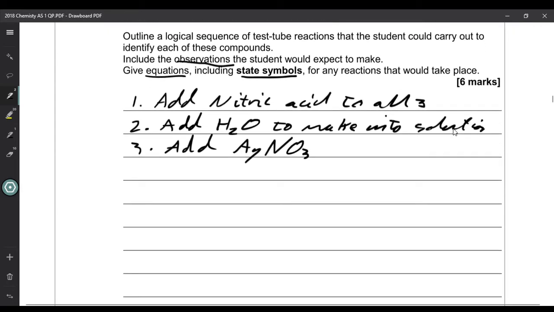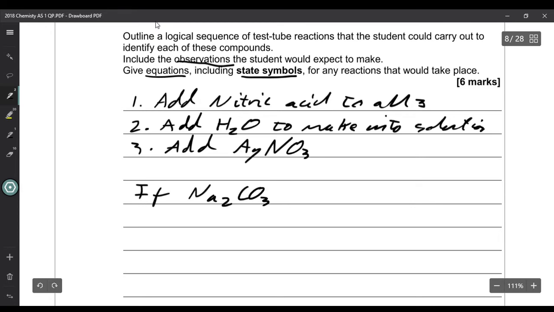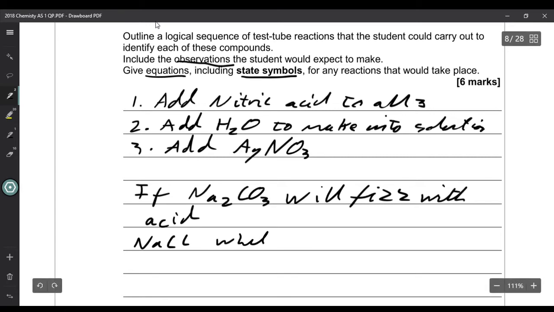So the observations that we'd expect: if it's Na2CO3, it will fizz with the acid. If it's NaCl, it will give a white precipitate with the addition of the silver nitrate.